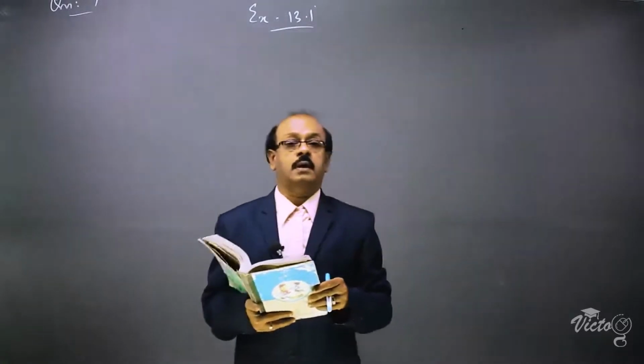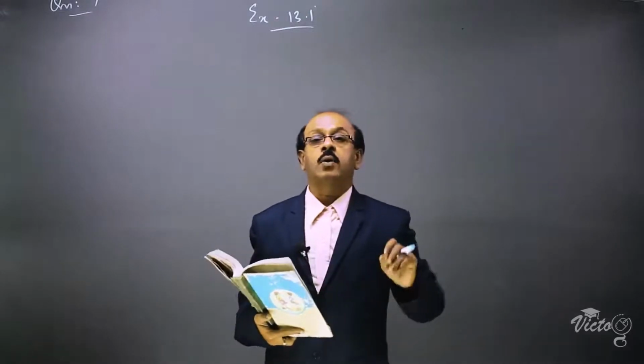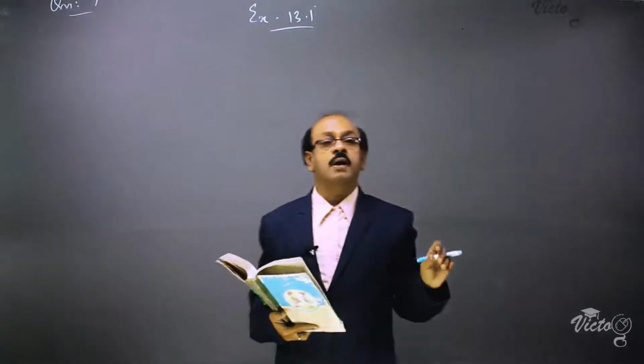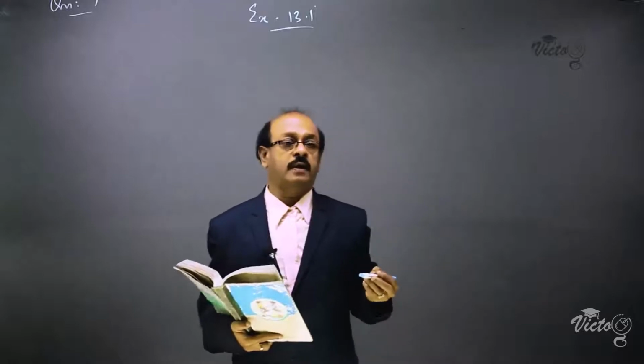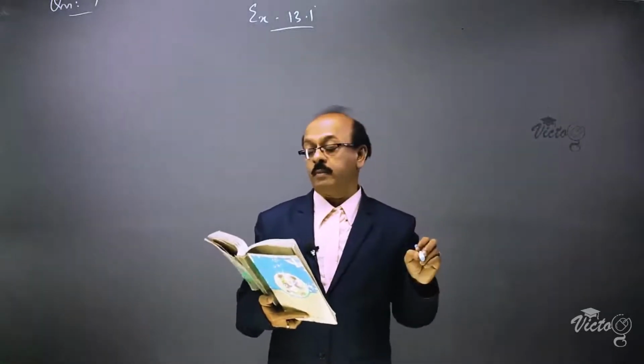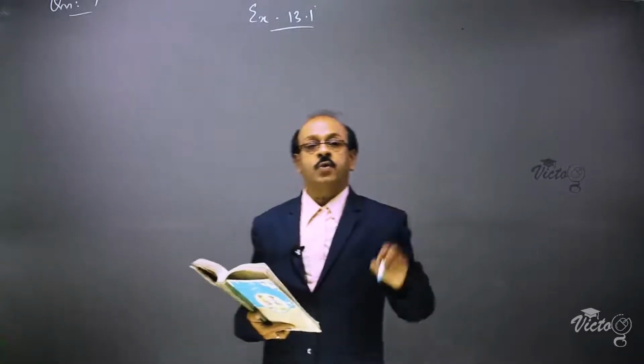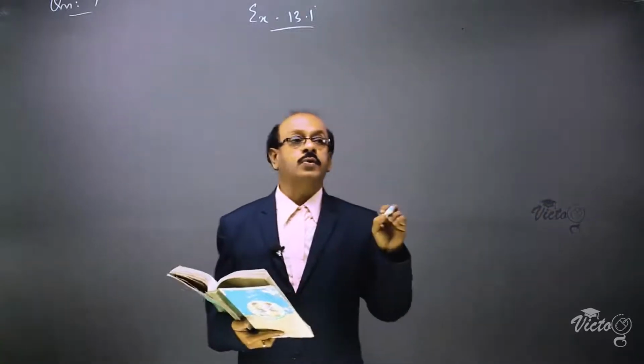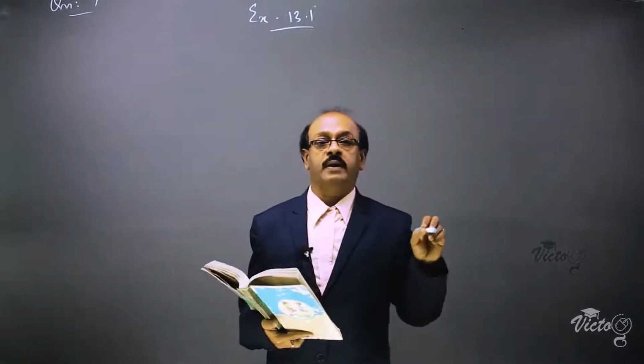So, we have to find out the area of canvas required to make a tent, and the tent is in the shape of a cylinder surmounted by a conical part. Also, we have to find the cost of canvas required to make the tent.